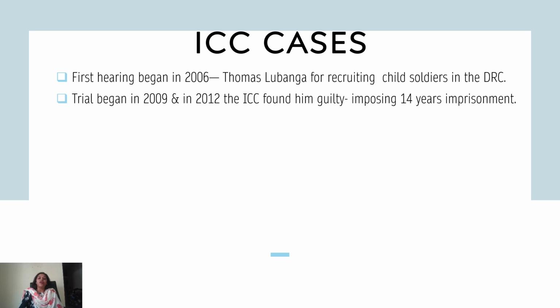The trial of Thomas Lubanga began in the year 2009, and by 2012 it was concluded, where the ICC found him guilty of these crimes, and the ICC imposed a 14-year imprisonment on Thomas Lubanga.